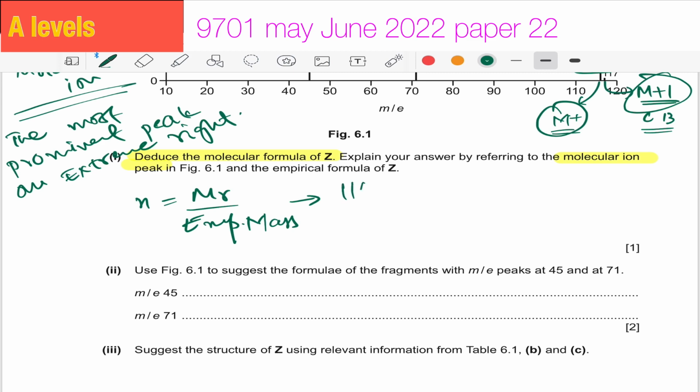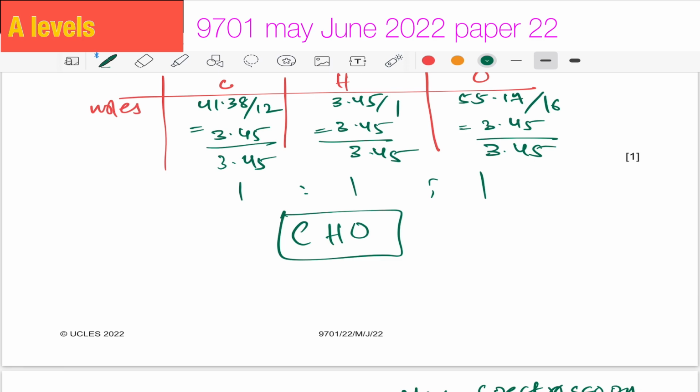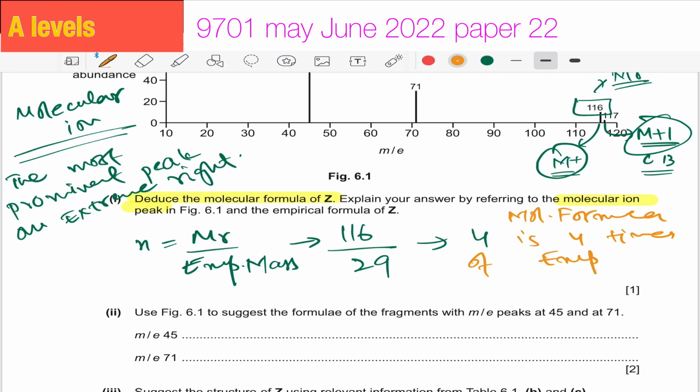The molecular mass is 116 and the empirical formula was CHO, so the empirical mass is 12 plus 1 plus 16, which equals 29. 116 divided by 29 equals 4. So we can simply say the molecular formula is 4 times the empirical formula.